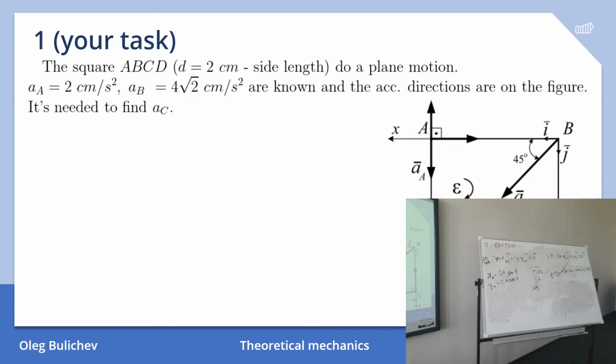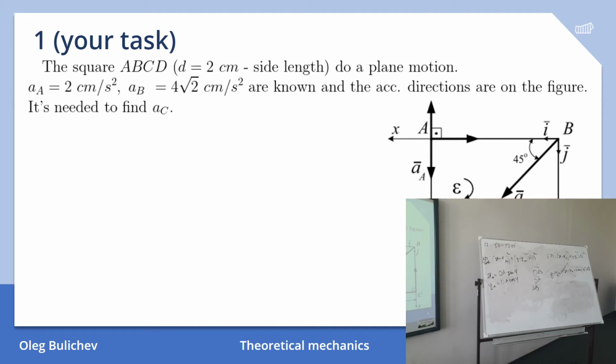If it is just rotatory, we need to find a point of rotation and draw vectors. In this diagram, they can rotate around B, but from C and from A to B there should be normal acceleration.